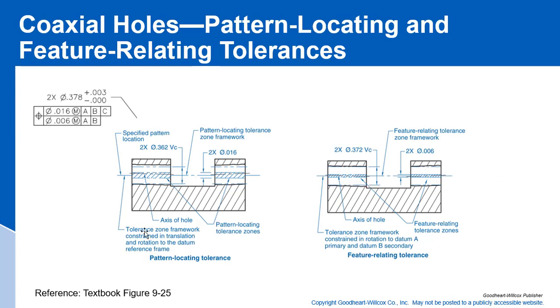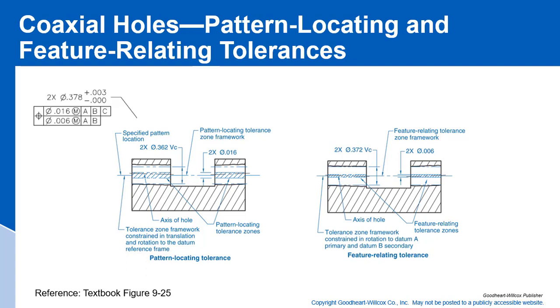Okay, so if we're looking at our pattern locating tolerance, that's the 16 thousandths at MMC. It establishes this specified pattern location over here, and it specifies the pattern locating tolerance zone framework for that pattern, and that would be to a virtual condition of 362.